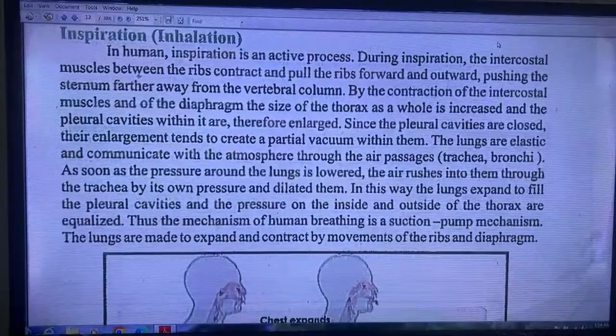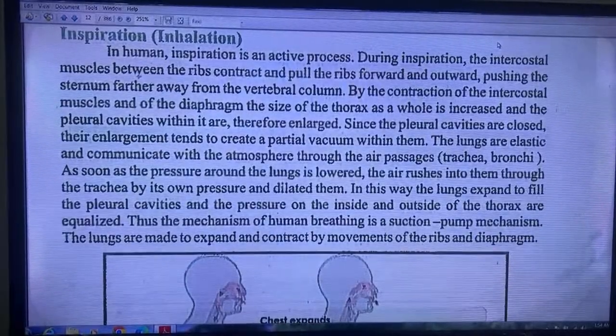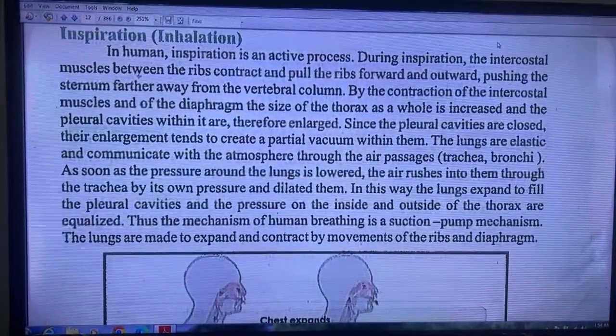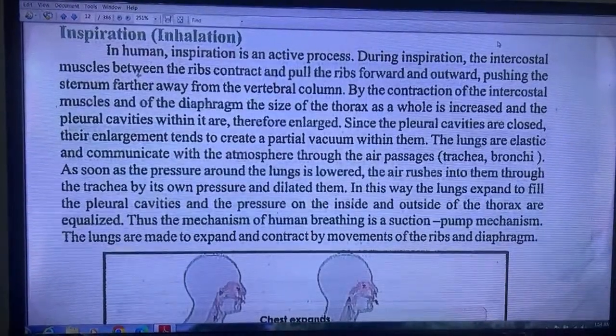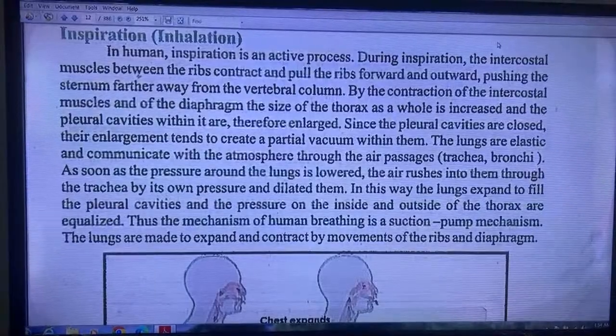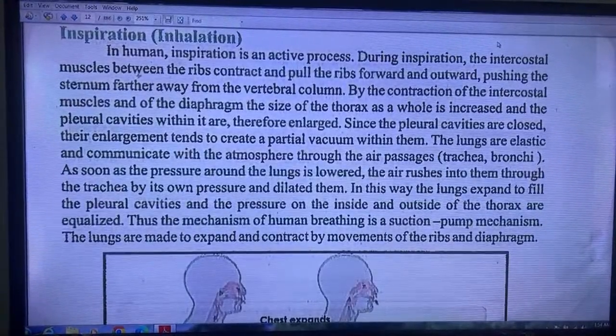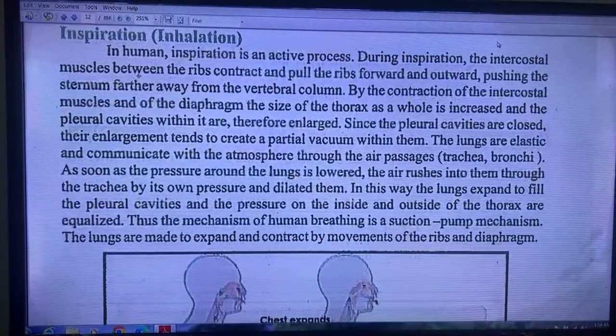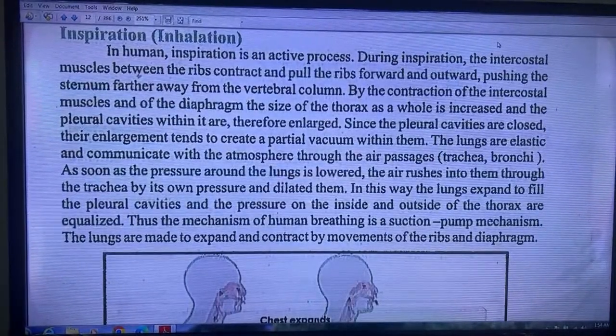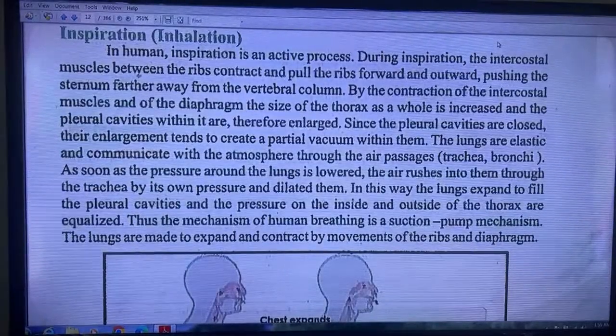Since the pleural cavities are closed, their enlargement tends to create a partial vacuum within them. The lungs are elastic and communicate with the atmosphere through the air passages, trachea and bronchi. As soon as the pressure around the lungs is lowered, the air rushes into them through the trachea by its own pressure and dilates them.